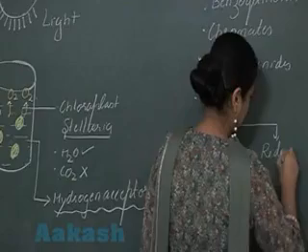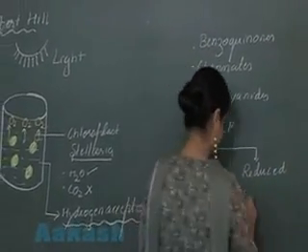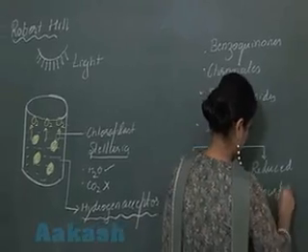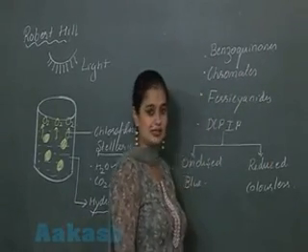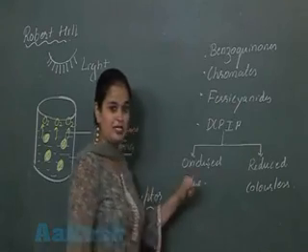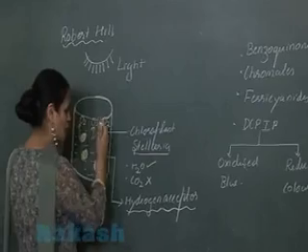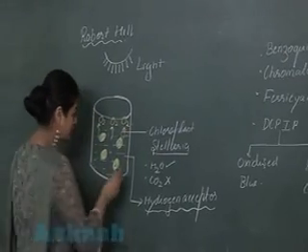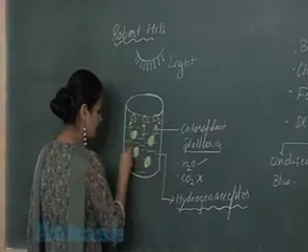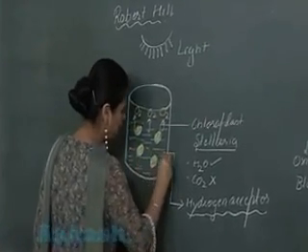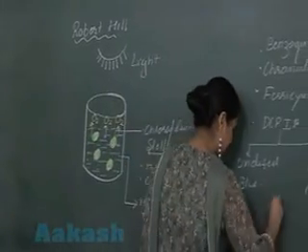And in the reduced state, that is after accepting the electrons, it changed into colorless. अब यहां पर रॉबर्ट हिल ने DCPIP को प्लेस करा इन दी ऑक्सीडाइड स्टेट. इसका मतलब ये जितना भी सोल्यूशन यहां पर प्रेजेंट है ये सारा ब्लू इन कलर है. The whole of the solution is blue in color, right?